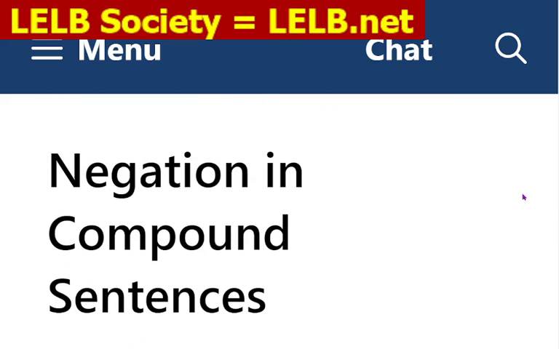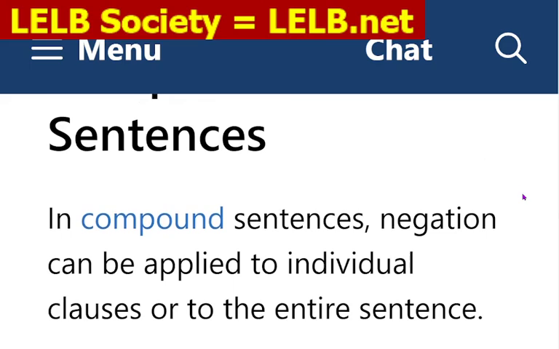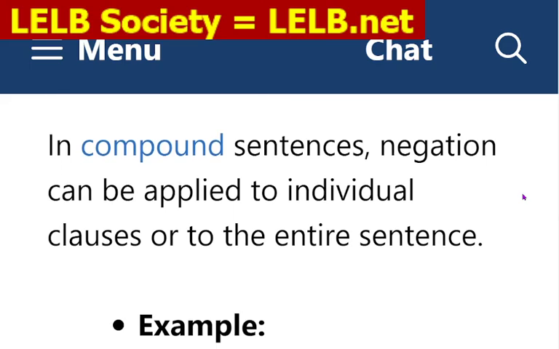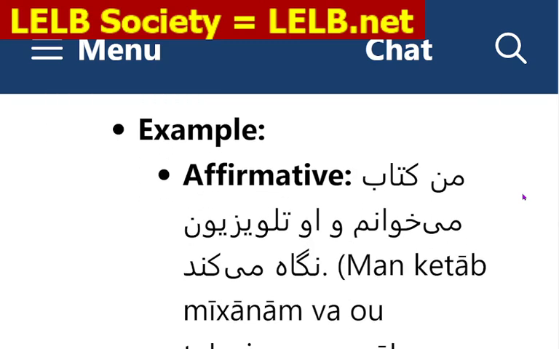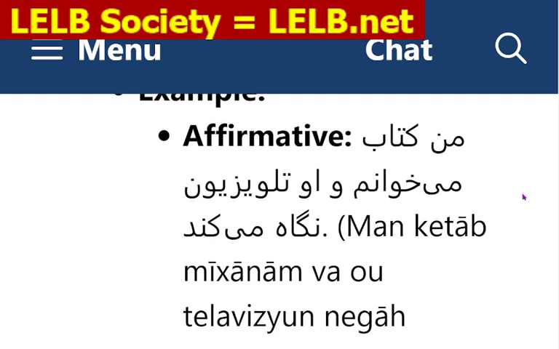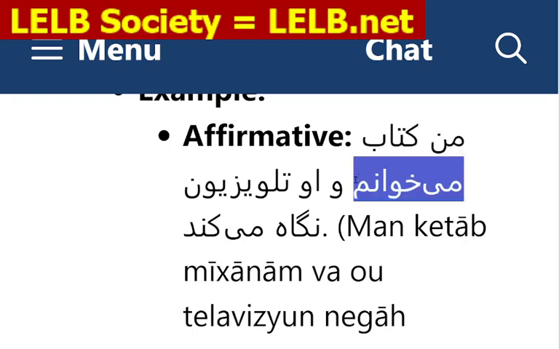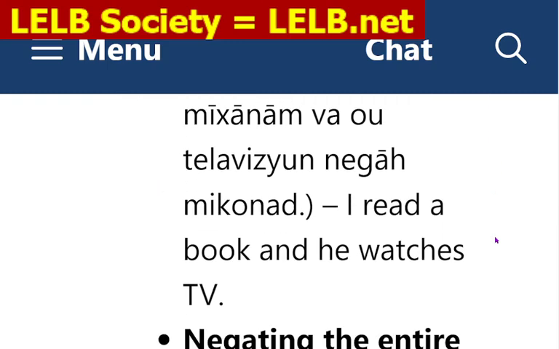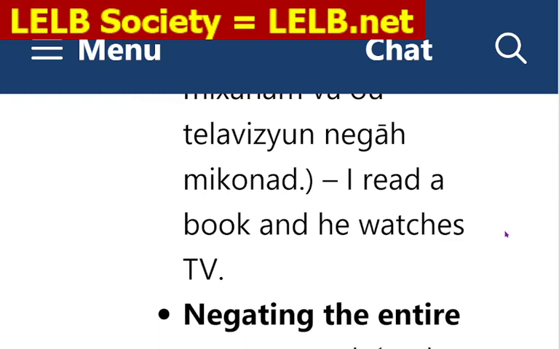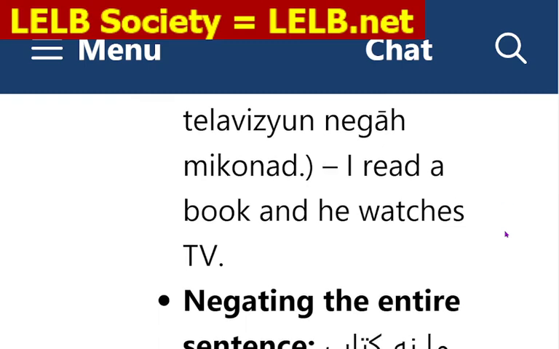Okay, so, negating in compound sentences. In compound sentences, negation can be applied to individual clauses or to the entire sentence. Example, affirmative: من کتاب میخوانم و او تلویزیون نگاه میکند. It means I read a book and he or she watches TV.